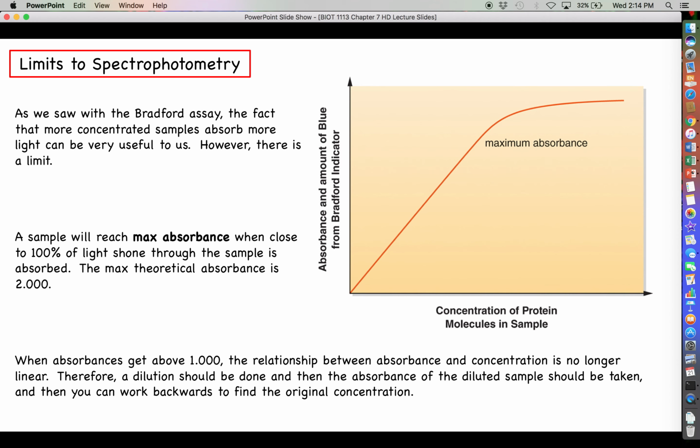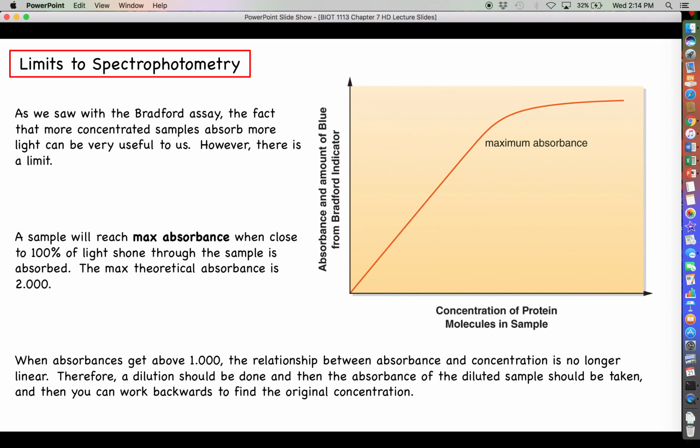Once the absorbance gets much past 1, the relationship between absorbance and concentration stops being linear. For our practical calculation purposes, we want that relationship to be a straight line like what you see right here. If the absorbance values get too high, then that relationship stops being linear, and our approximation of the concentration is going to become much, much less accurate.